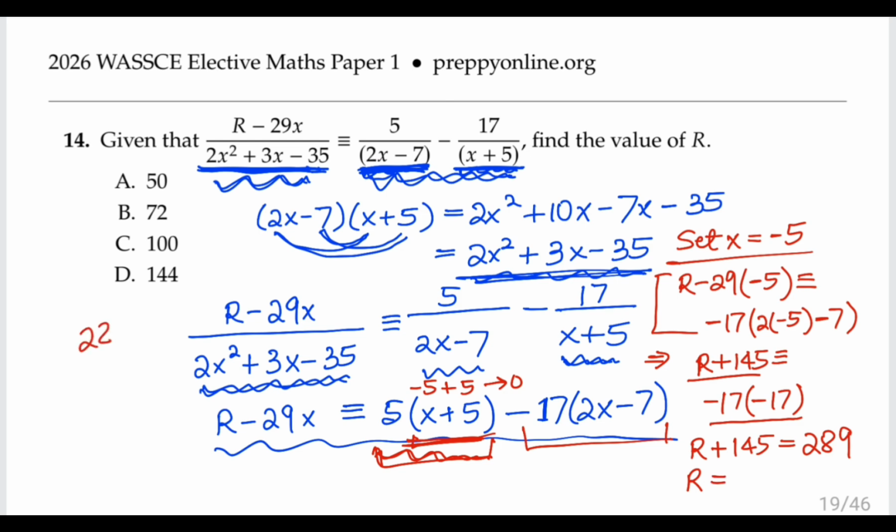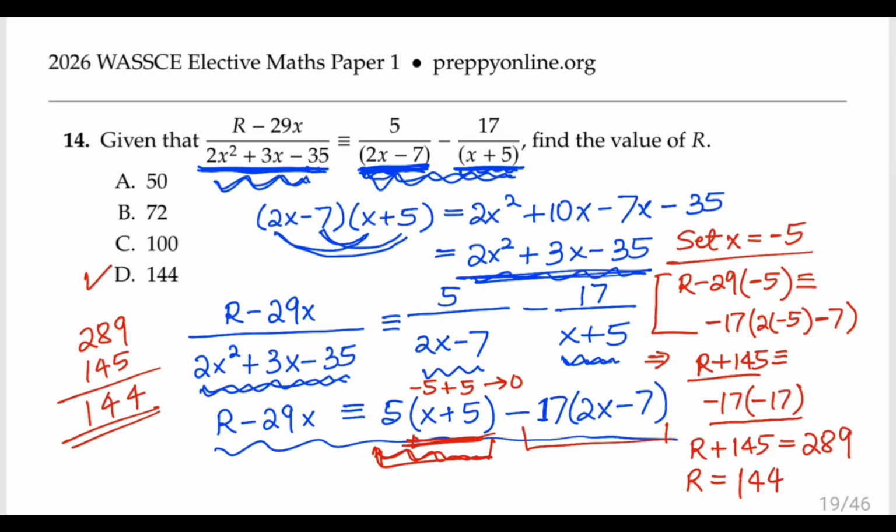It gives us r is equal to 289 minus 145. So we have 144. So that gives us r is equal to 144. So our answer is D. There are other ways of solving this.